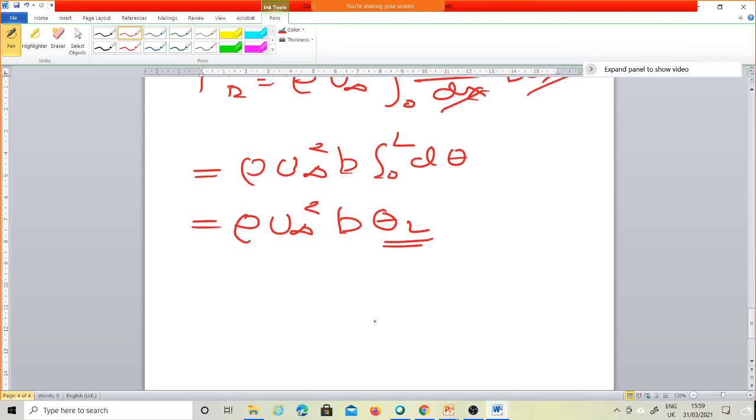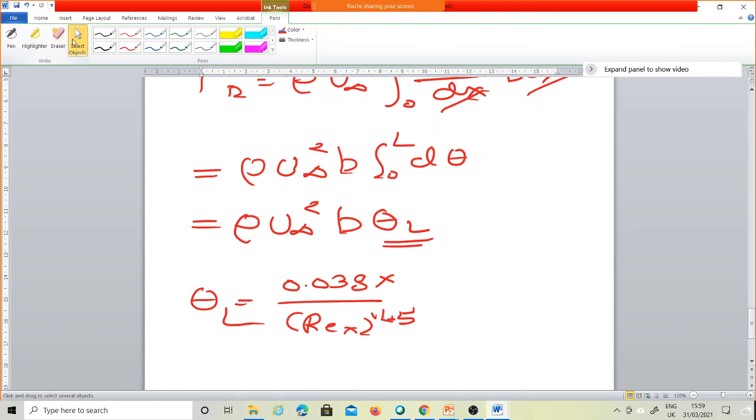For example, if you have theta as maybe 0.038 x, maybe Rex to the power 1 over 5. If you want to write it as L, you need to write capital L, not x.